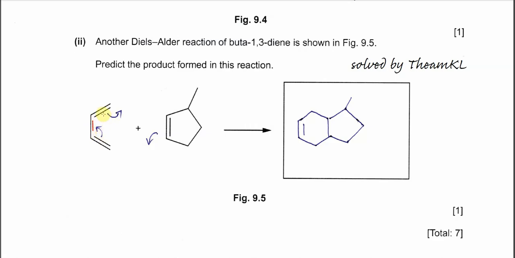This pi bond needs to break, and this electron moves out and forms a new bond between this carbon and this carbon. And when a new bond is formed here, this pi bond needs to break, and this electron moves out and forms a new bond between this carbon and this carbon. So it will form these products. Okay, that's all. Thank you.